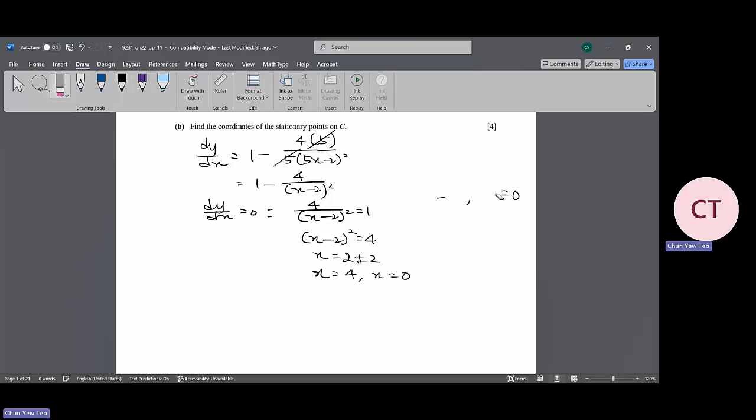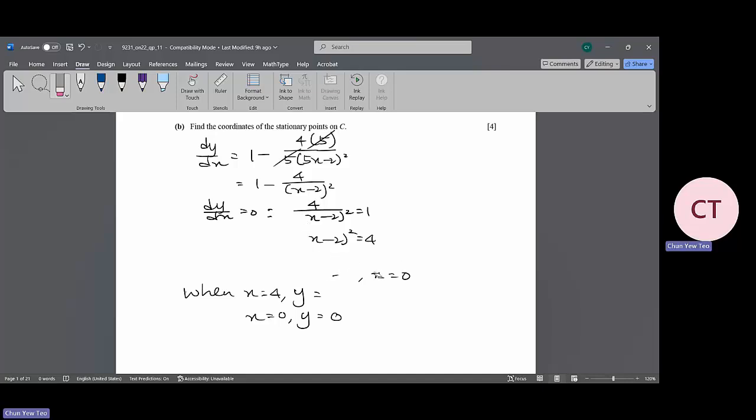So when x equal to 4, what is your y? When x is equal to 0, what is your y? For here, very obvious, y is 0. Oops, sorry, my apologies, my bad.